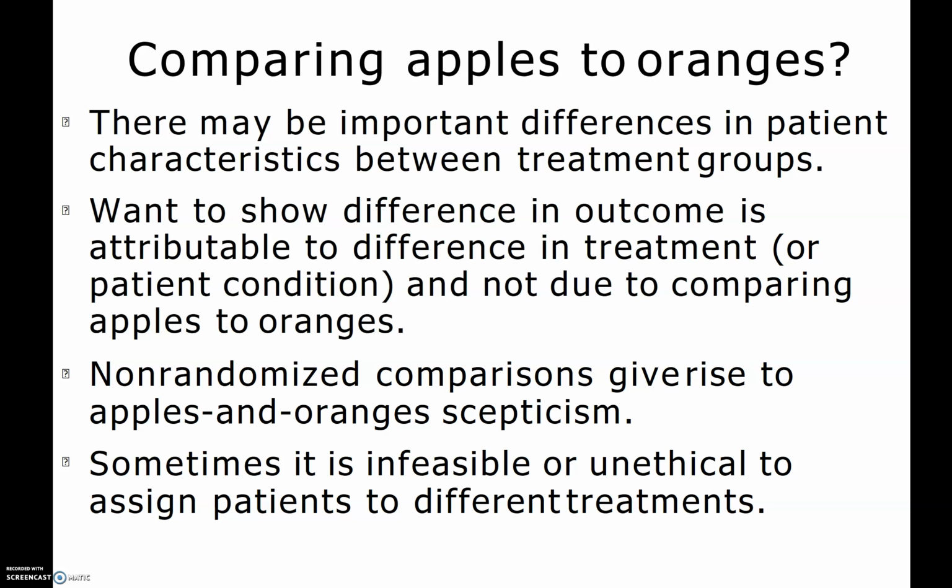So these non-randomized comparisons should make us skeptical and should make us wonder, is this really a good comparison, or is it not something that's reasonable to compare straightforwardly? And we should recognize this as well, that sometimes it's either not possible or it's just really unethical to assign patients to different treatments.